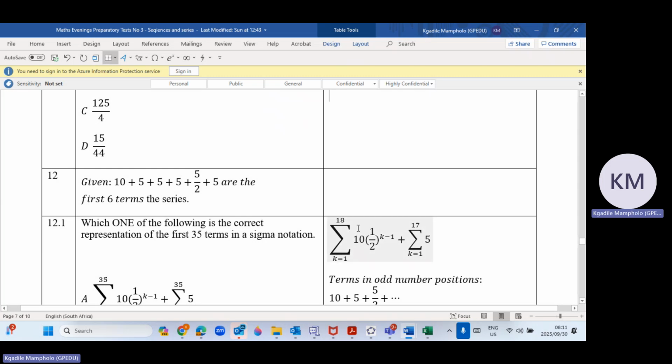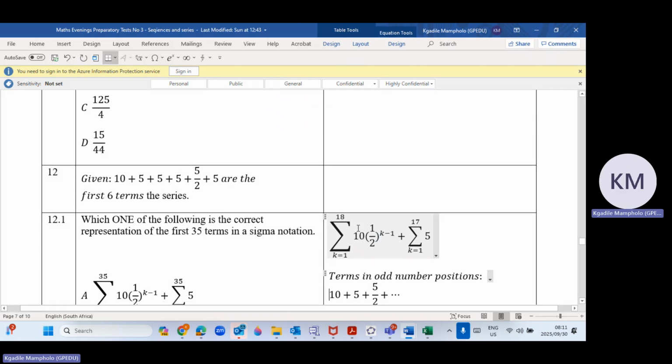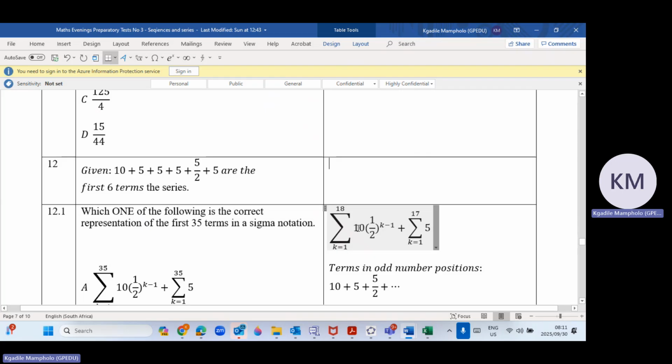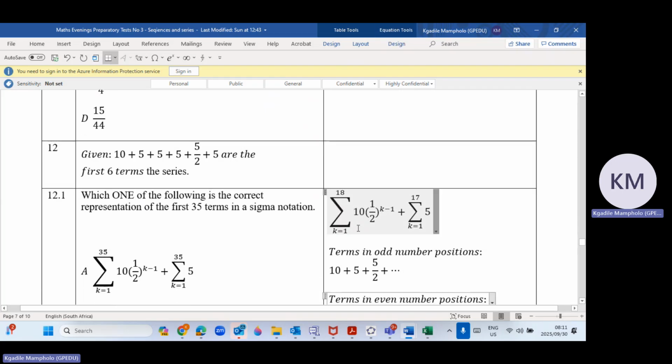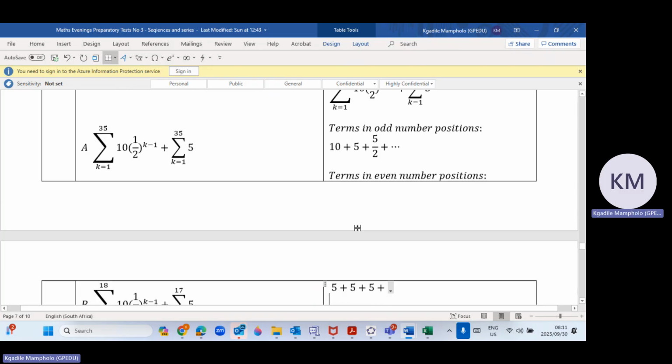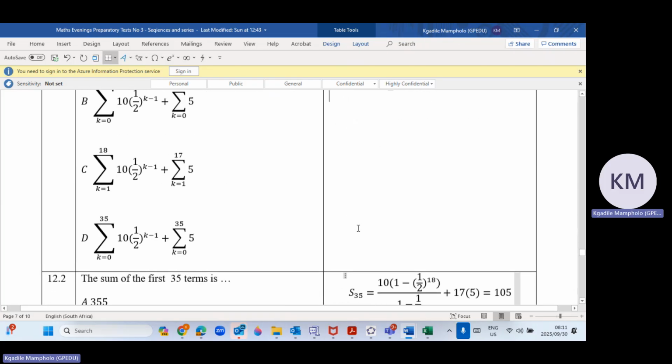So out of this, 18 terms are the geometric series, and then we have 17 terms of 5s. Then the correct answer: n will be 18 and 17, and the index of summation must start at 1. So the correct option in this case will be your C.